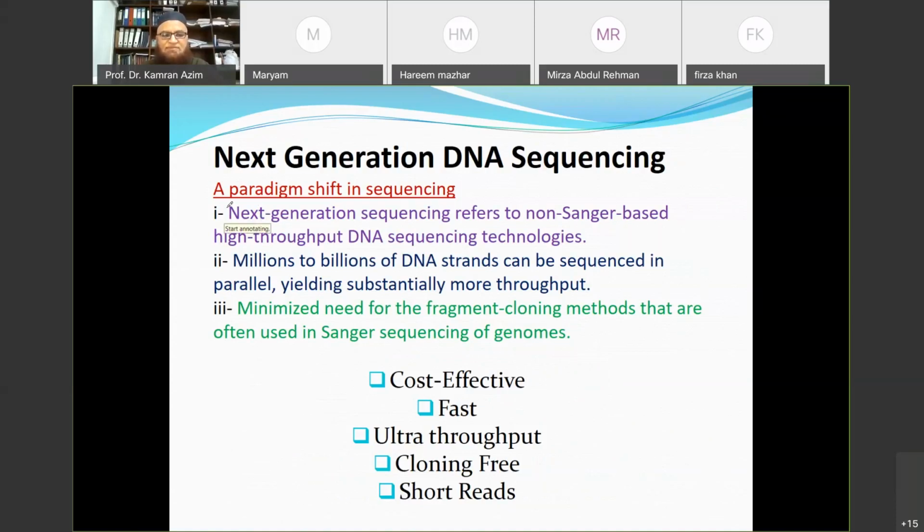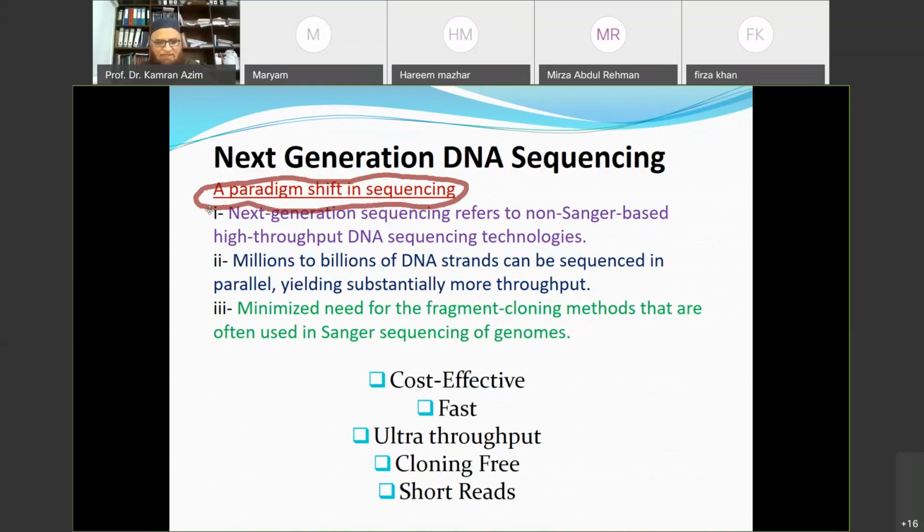It means that the sequencing principle, as it was in Sanger sequencing, has now shifted in another, very different direction compared to Sanger sequencing.